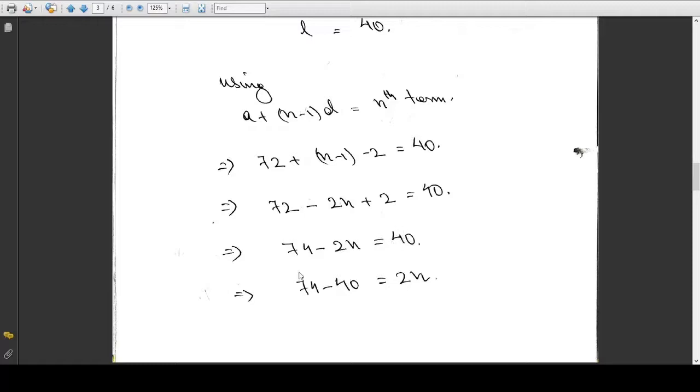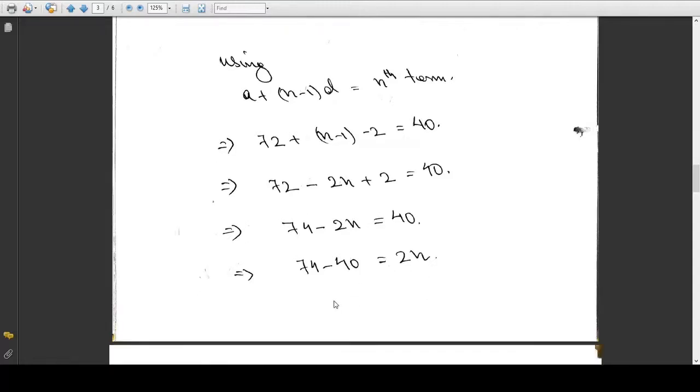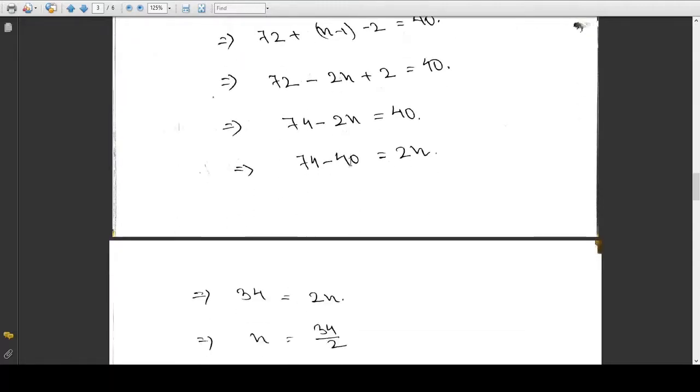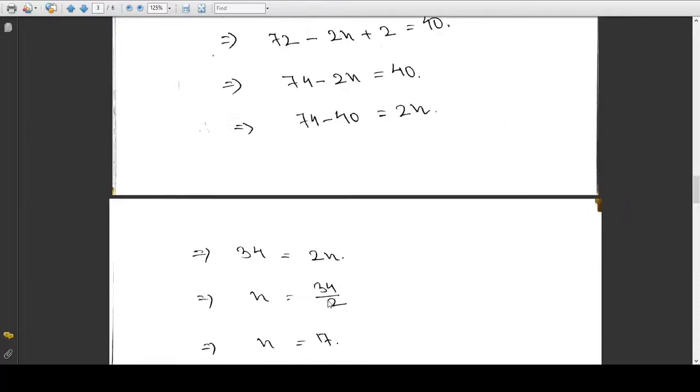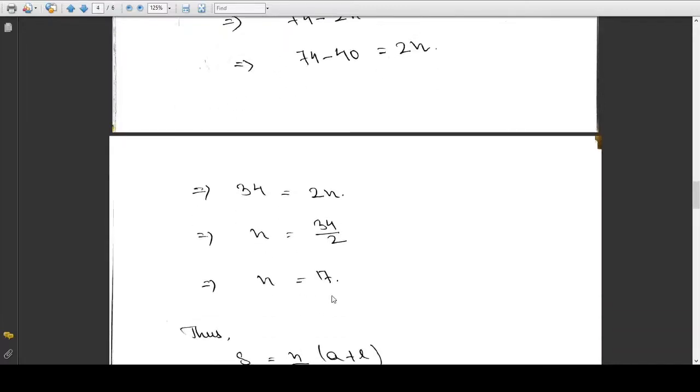Take this 40 to the left and 2n to the right: 74 minus 40 equals 2n, or 34 equals 2n. That gives n equals 34 divided by 2, or n equals 17.